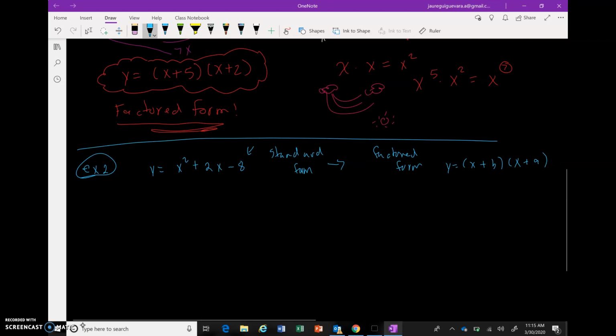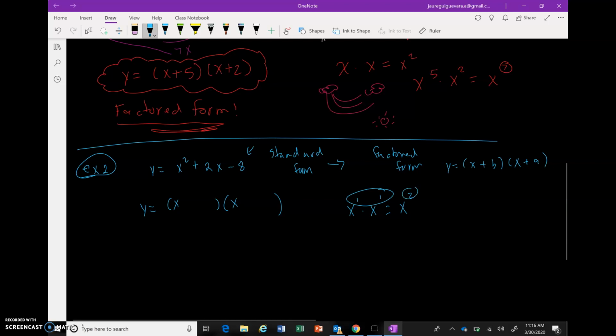So if I do this, y is equal to, I'm going to set up my two parentheses. What two variables multiplied together give me x squared? Well, that's x times x, because remember, you add those exponents.